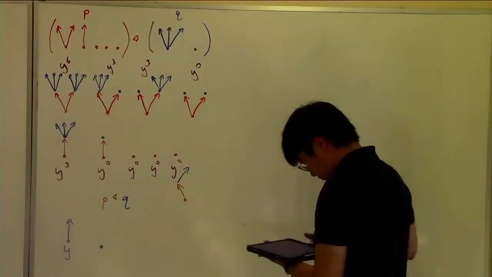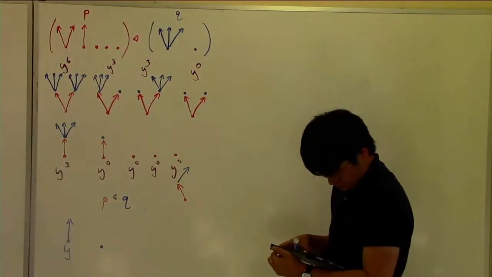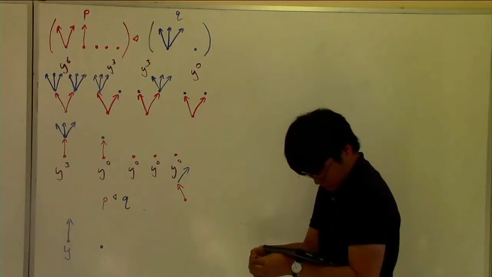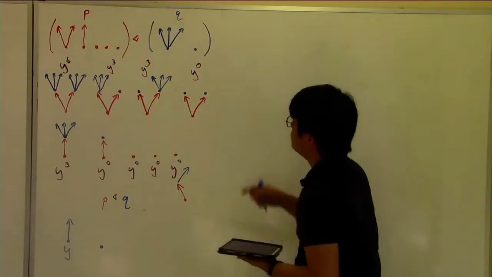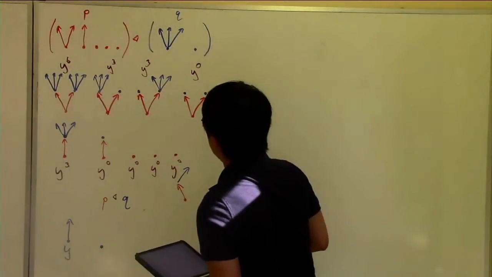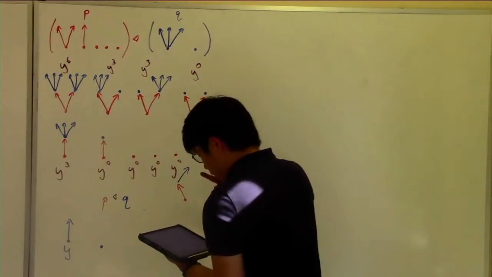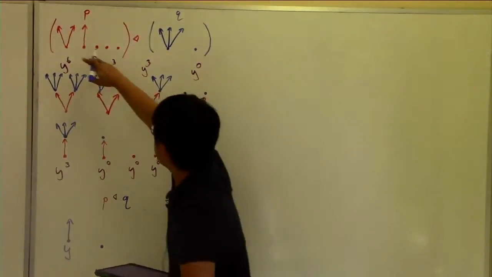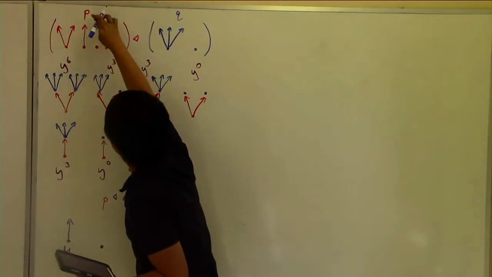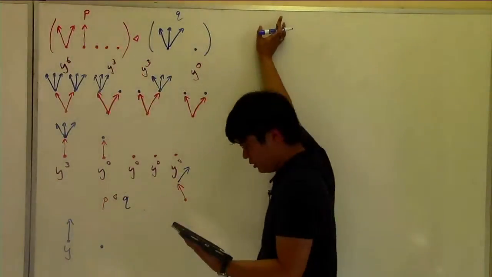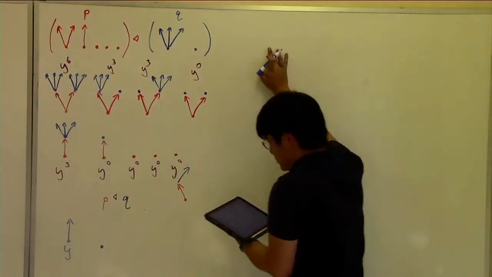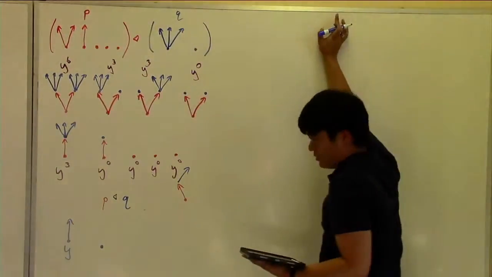Let's say we had a morphism that sent P to some other polynomial and also sent Q to some other polynomial.